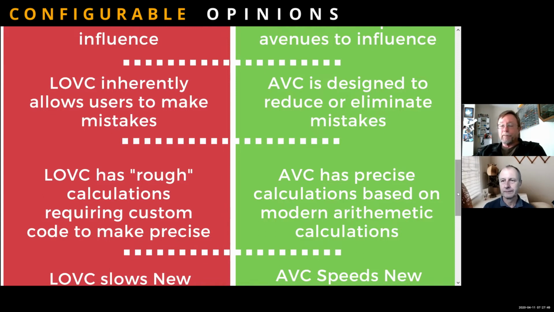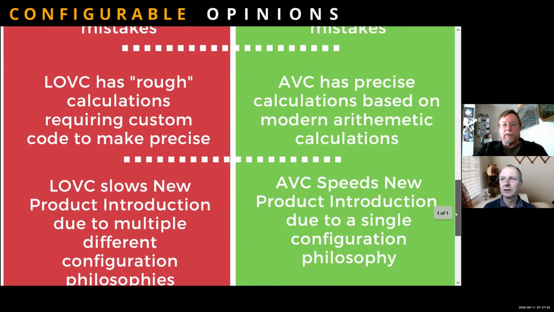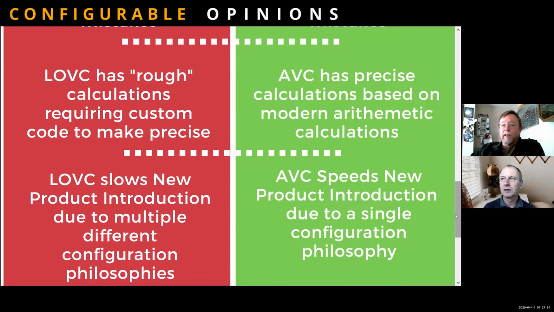Right, okay. So now this next one is my belief entirely. I've been in new product development for a long, long time. I started out in new product development roughly 1980 on the engineering side of things.